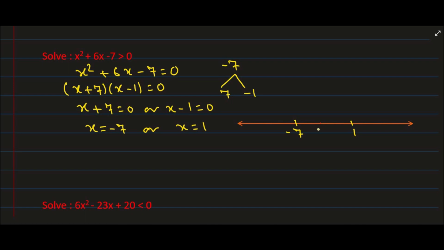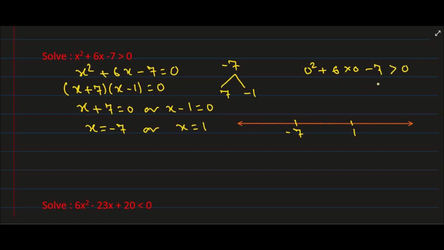So 0 square plus 6 into 0 minus 7 greater than 0.